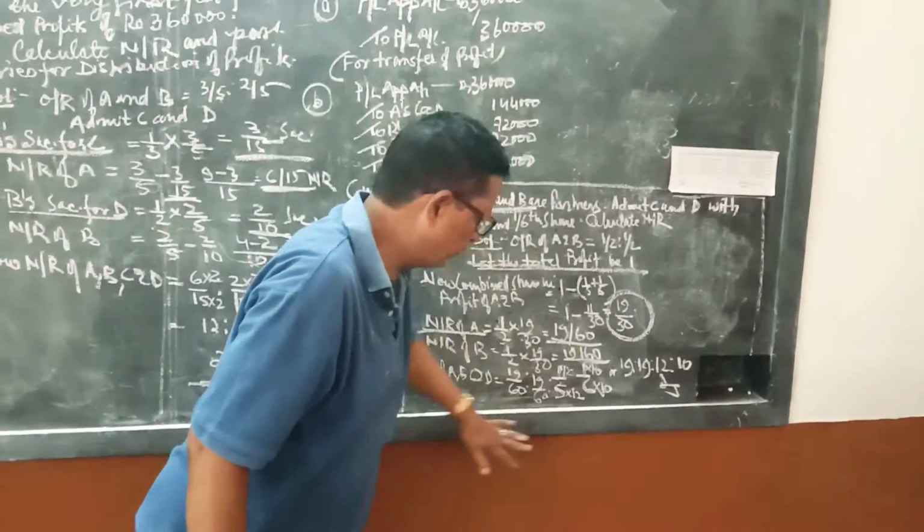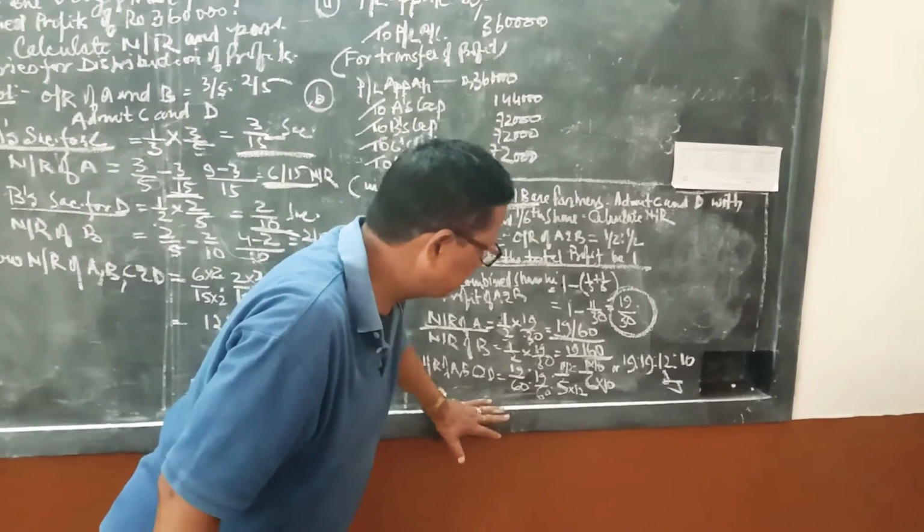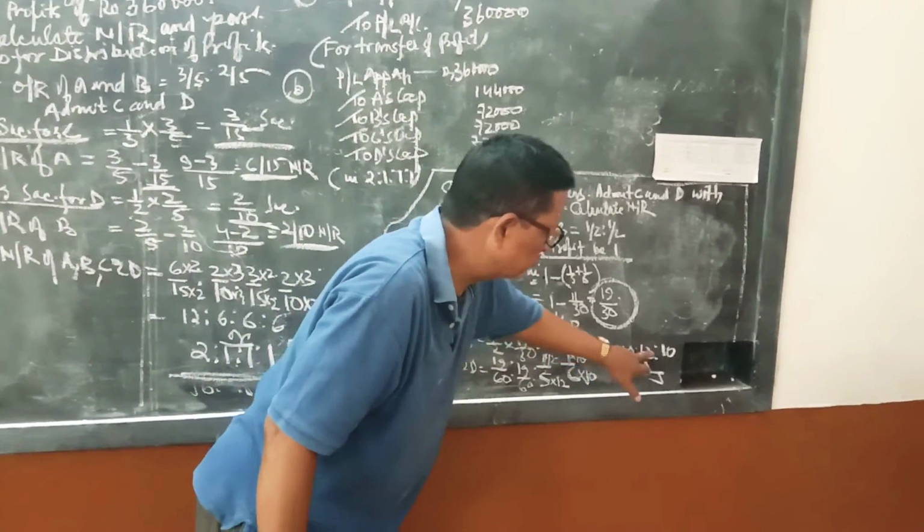Now making the denominator same, we get 19:19:12:10.